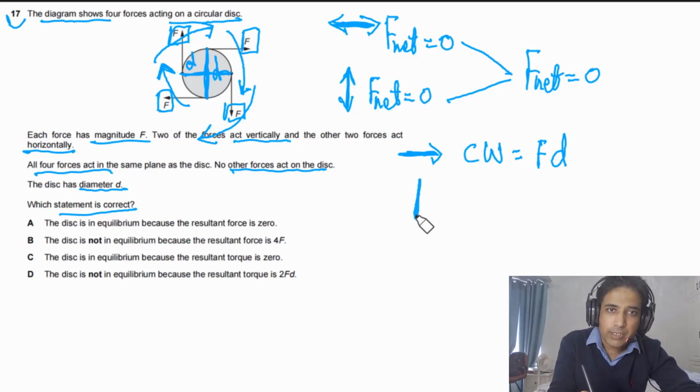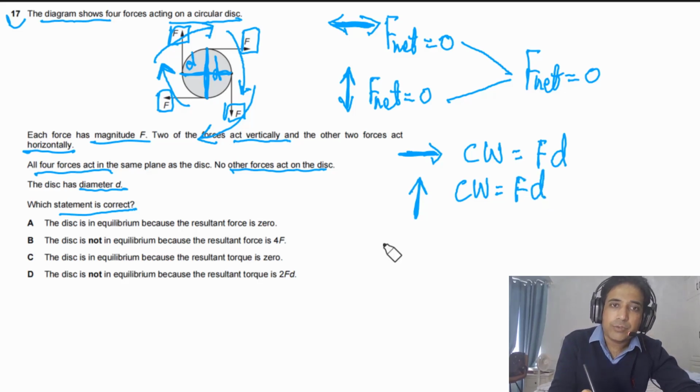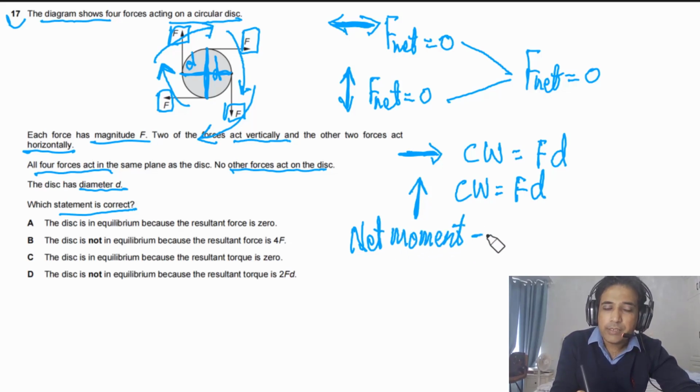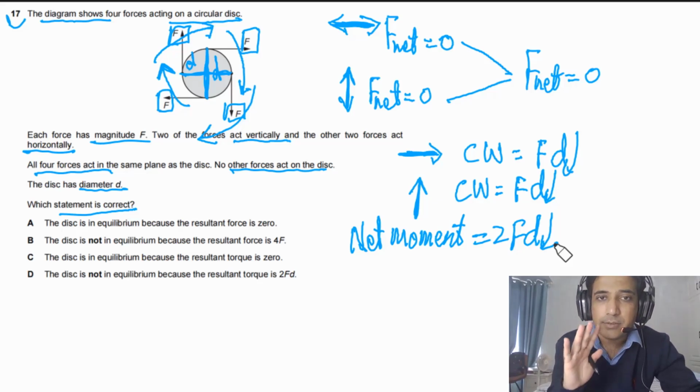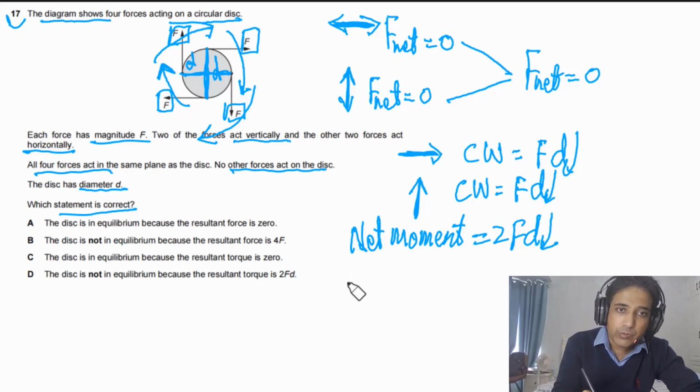So along vertical the moment is also clockwise, equal to Fd. So the net moment in this case is equal to 2Fd, because Fd plus Fd. And this moment is clockwise. As there is a net moment, it means this is not in equilibrium. So we can conclude from here, not in equilibrium.